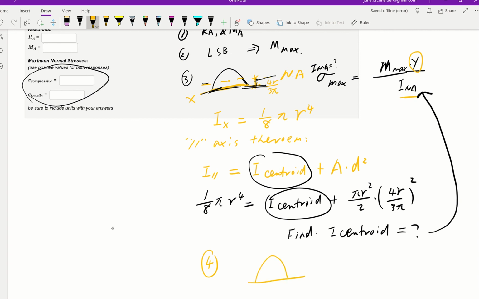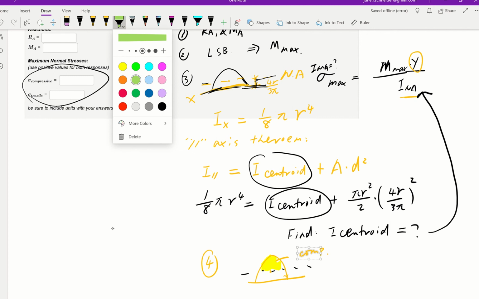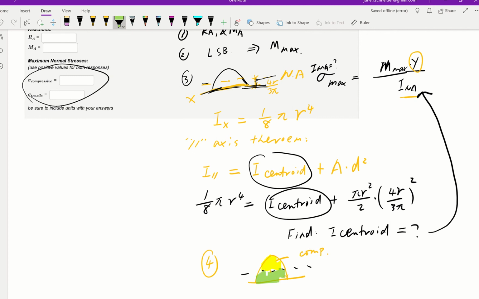I'm going to draw this. This is our semicircle, and this is going to be our neutral axis. So this top section, this yellow section, is going to be in compression. However, this bottom section is going to be in tension, right?